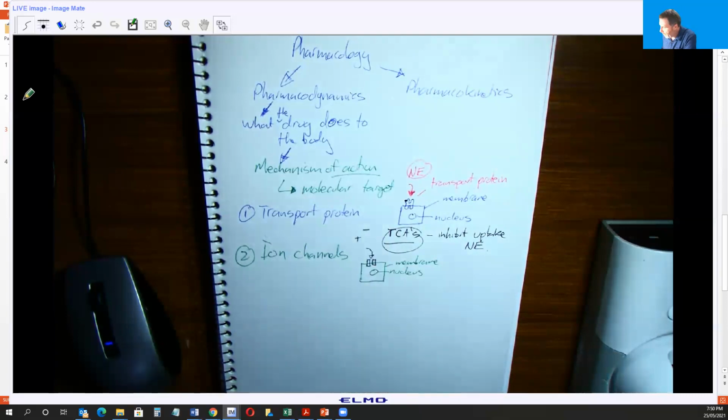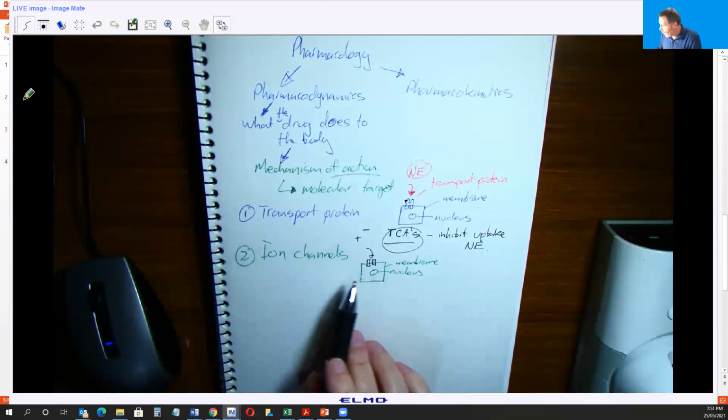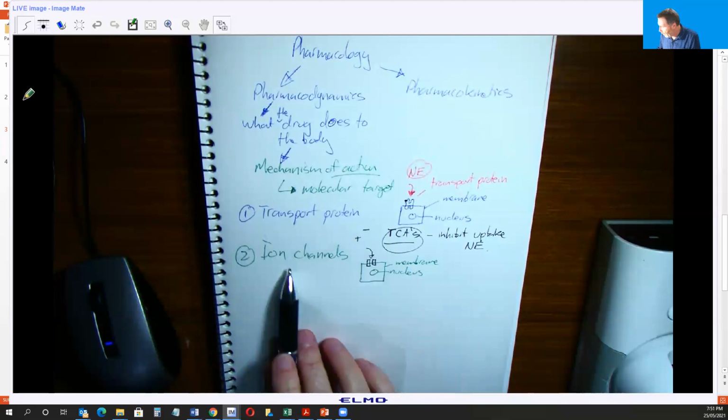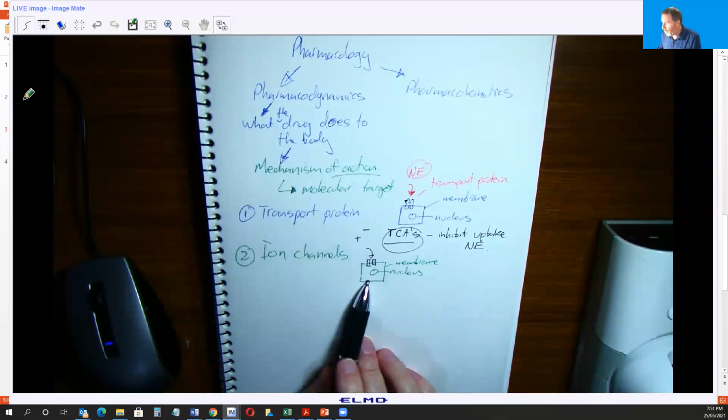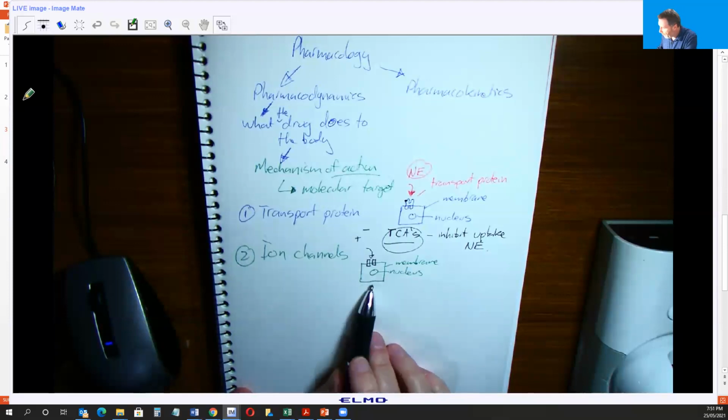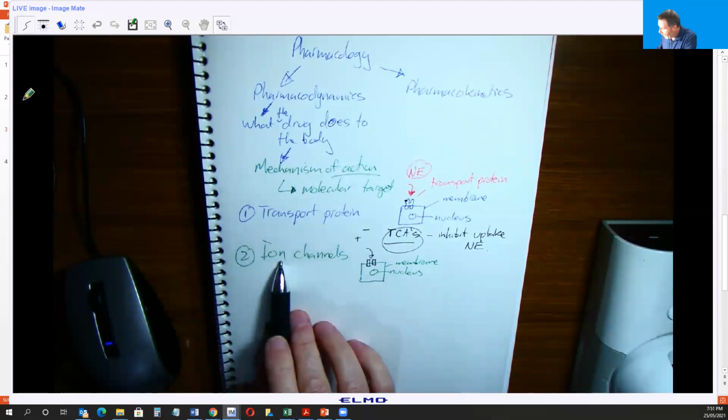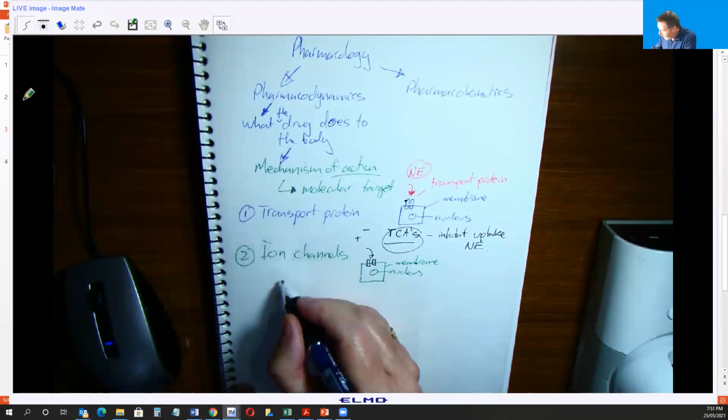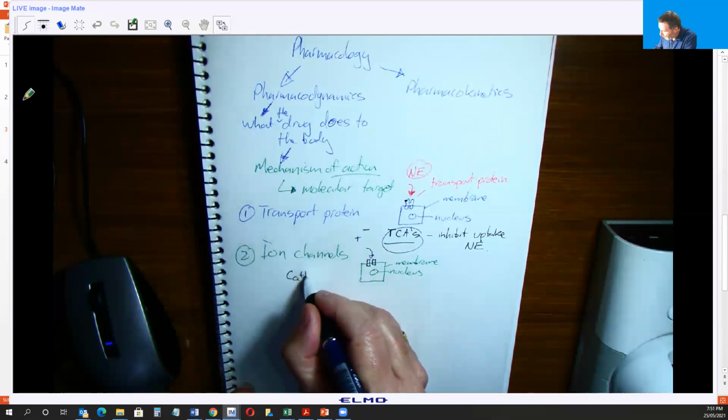molecules that can come into the cell and change the function of the cell. When we're talking about a lot of cells, we're talking about tissues, and certain drugs can act on all of these ion channels in tissues of the body and change the function of those tissues. I'll give you an example. There is a particular ion in our body called calcium ion, Ca++.